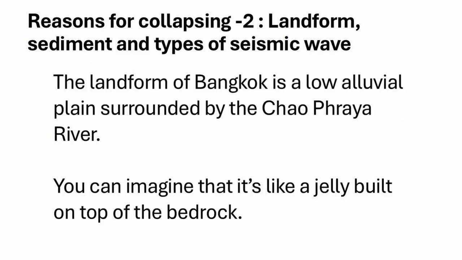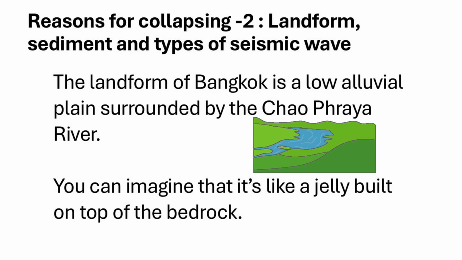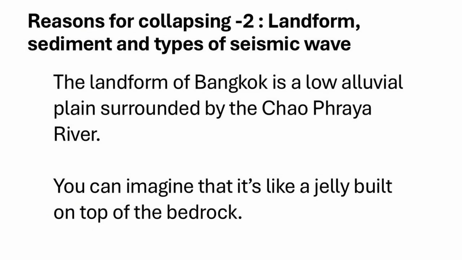Again, if we consider the landfall in Bangkok, Bangkok is located on a low-lying alluvial plain surrounded by the Chao Phraya River. This location was created over time by the river depositing layers of silt and sediment, making this area very soft and flat.